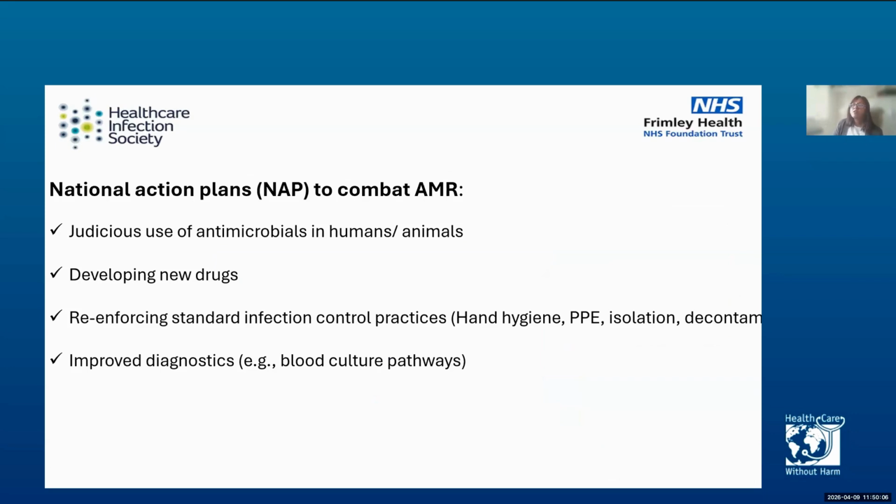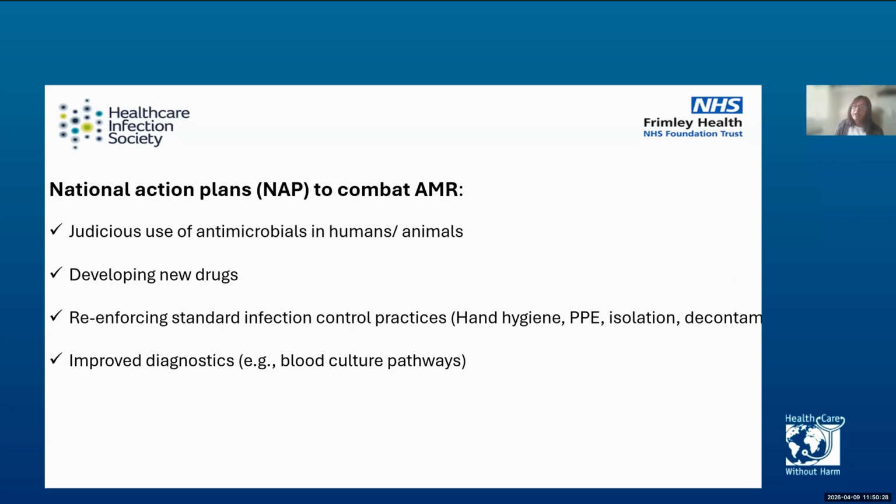So if you look at what's been happening with plans to combat antimicrobial resistance through national action plans, we have so far focused a lot on judicious use of antibiotics in humans and animals. We've focused a lot on developing new drugs, although that pipeline is very slow and it takes a long time for new drugs to be developed.